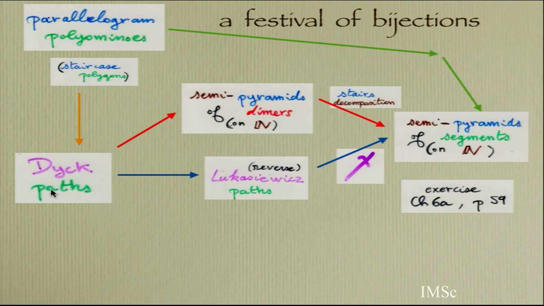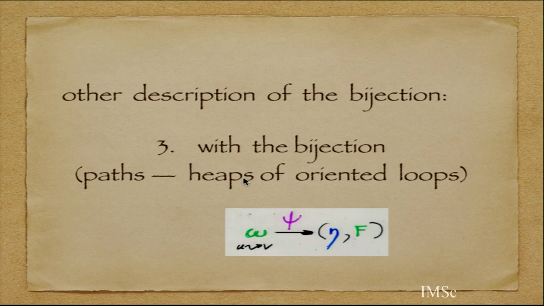And this is the second way to go from this parallelogram to this. And this was the solution. I give the solution of the exercise, chapter 6a, page 59. You have to compare these two bijections between the Dyck and Lukasiewicz paths, and playing with the bijection of the paths of the class.